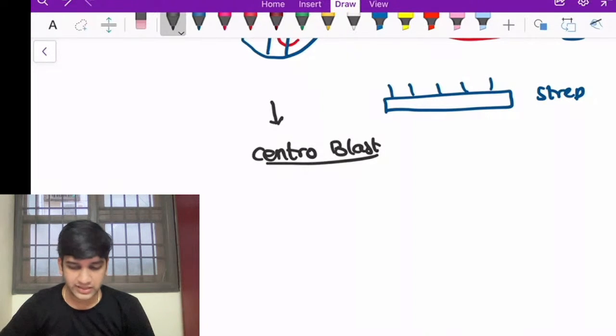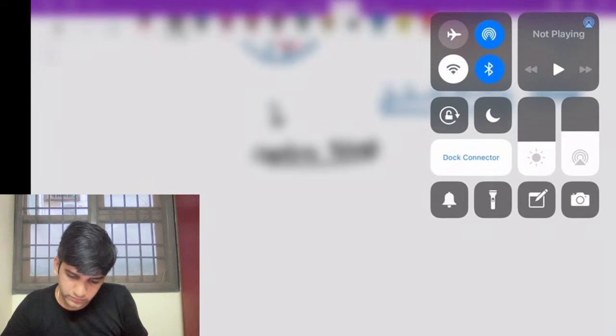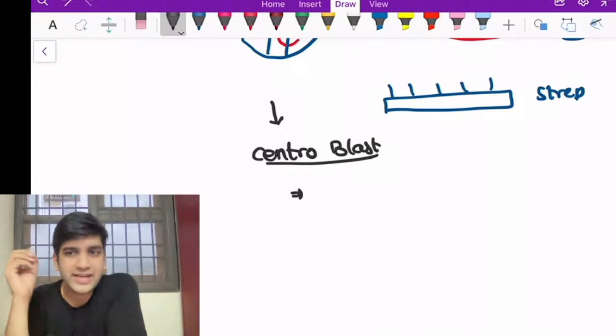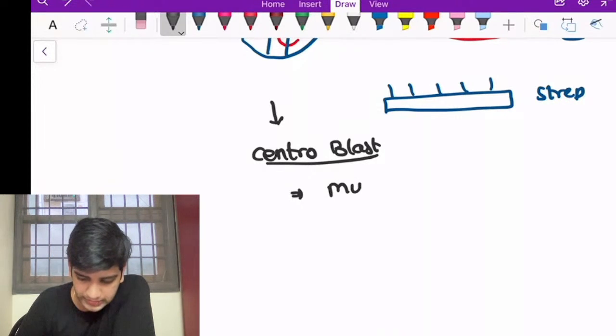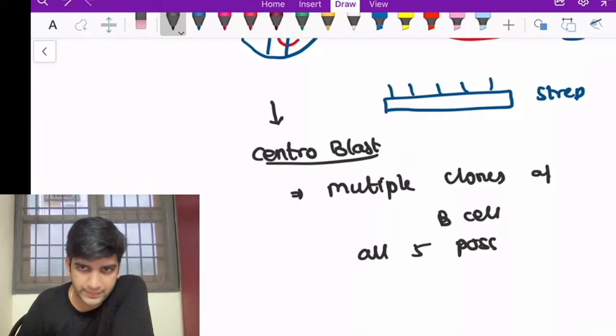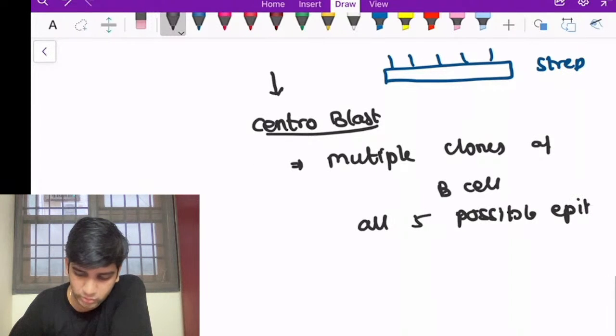So what's going to happen in centroblast is, the main role here is to make sure it can produce multiple clones of B cells against all 5 possible epitopes. We just took an example of 5. All 5 possible epitopes, they'll produce multiple clones.